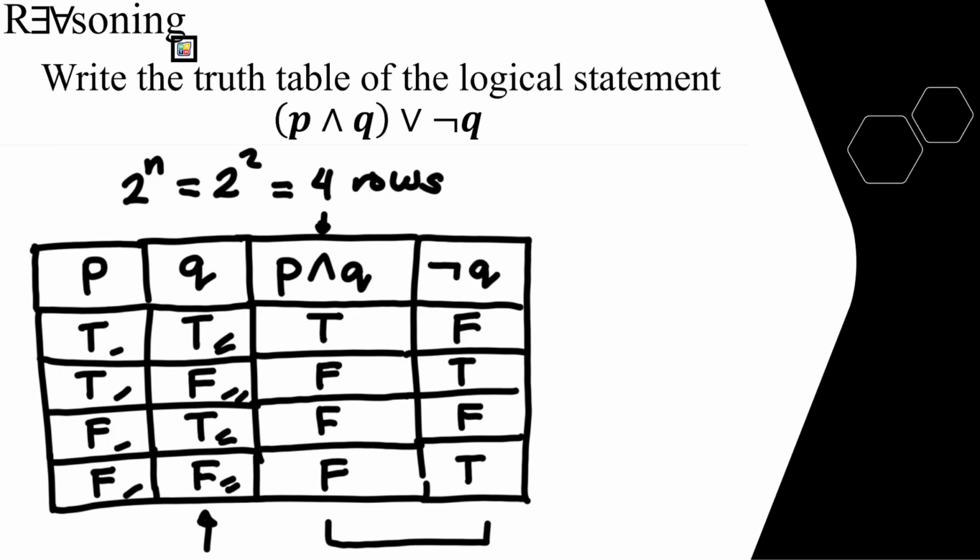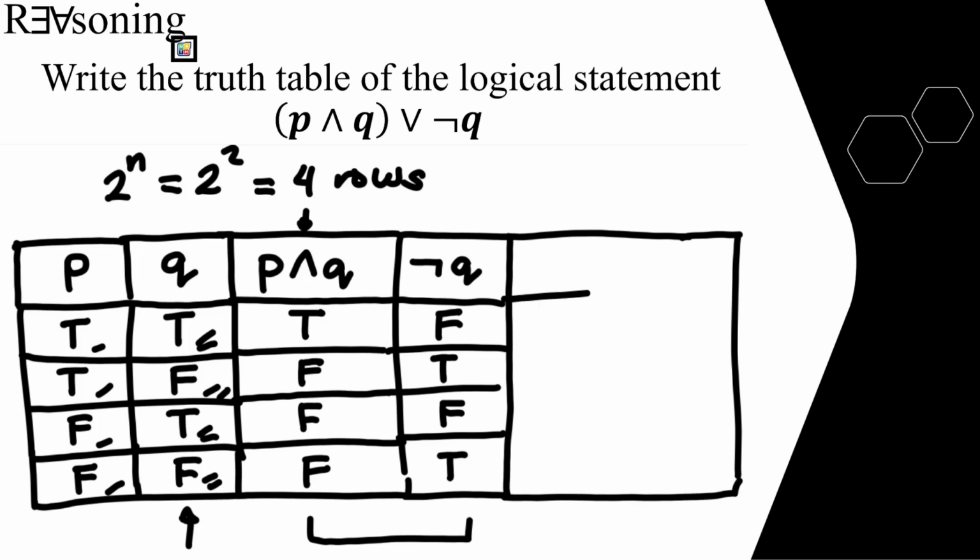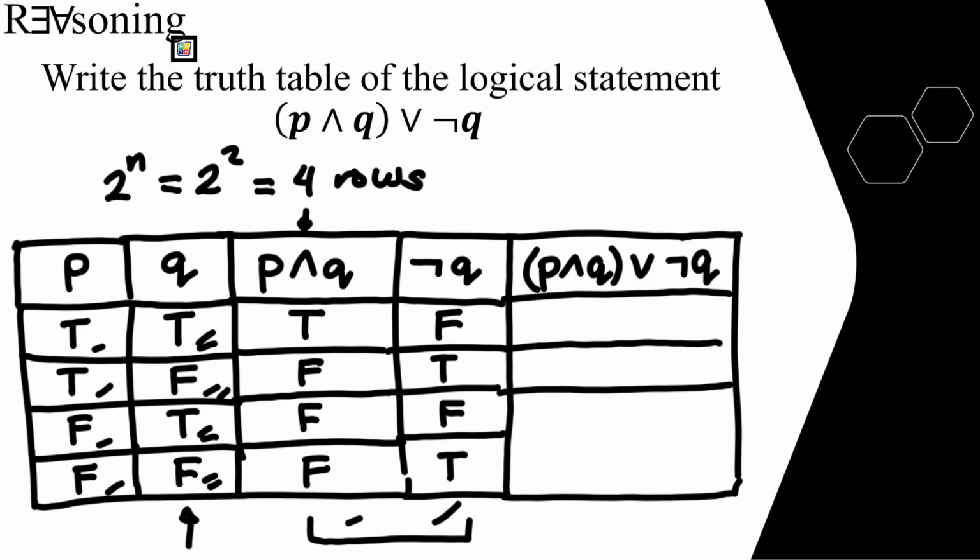let us now combine them into one logical statement. This is the original one, we have here either P and Q or not Q. Take note that we are now considering these two columns, and the operation now is disjunction. And for disjunction, we only need at least one to be true for the entire statement to be true. Since this is true, regardless of this being false, automatically the result for disjunction is true.